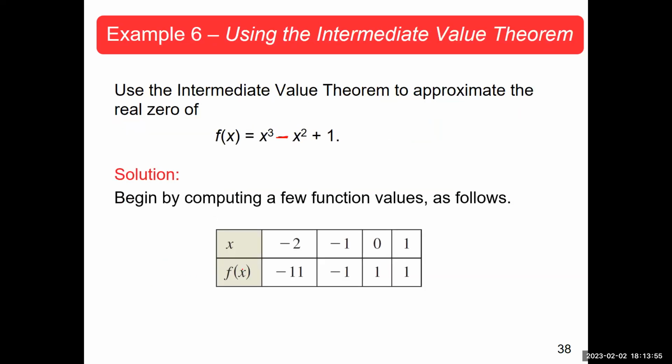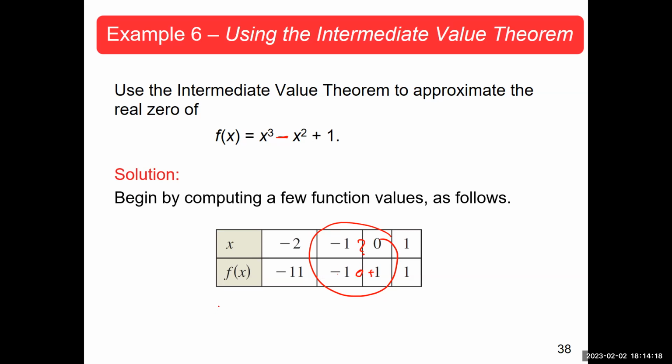When we did that table here, we have negative 2, negative 1, 0, and 1. What we got when x equals 0, this is positive. When x equals negative 1, the answer is negative 1. So my 0 is between here. Whatever the x I'm looking for is a 0.